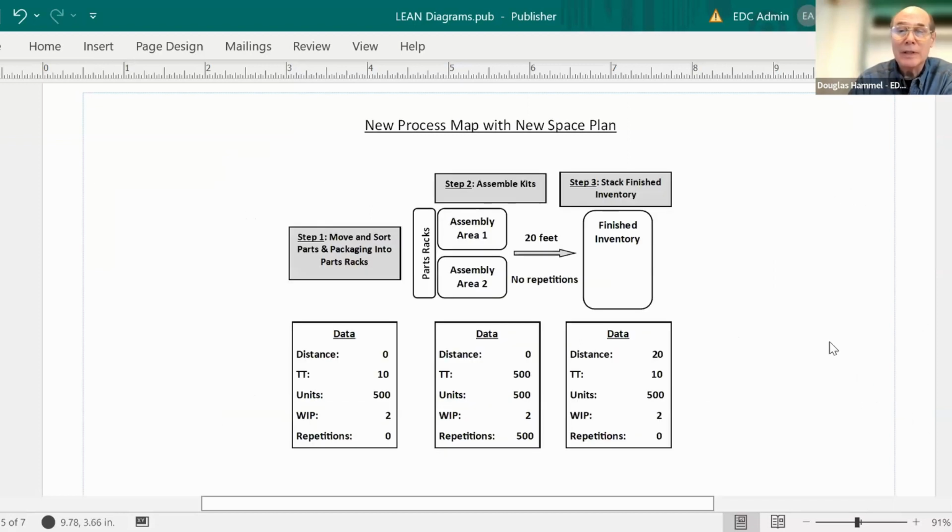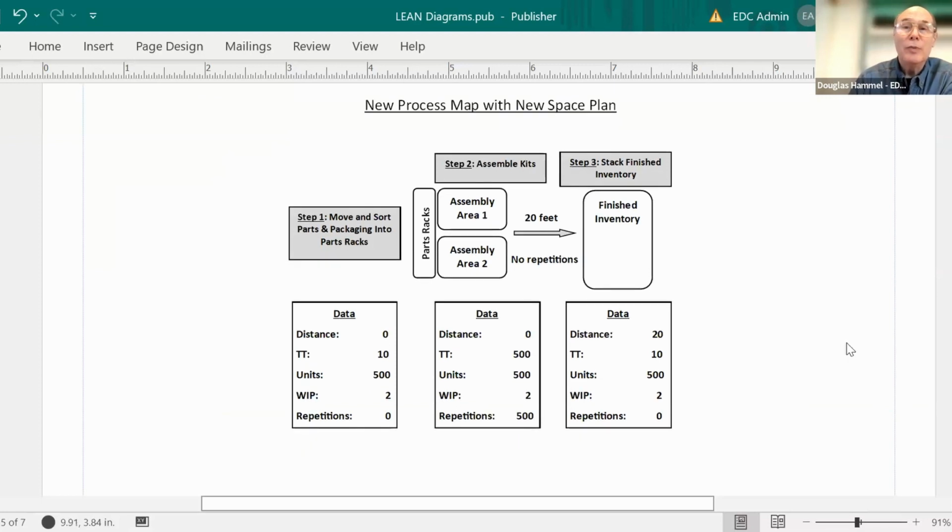Let's talk about this. Here's a new process map with a new space plan. And you can see that the space plan is very compact, and there's only 3 steps. In the gray boxes, you can see move and sort parts, one activity, move and sort parts and package it into parts racks. So you can see that elongated white rectangle that says parts racks.